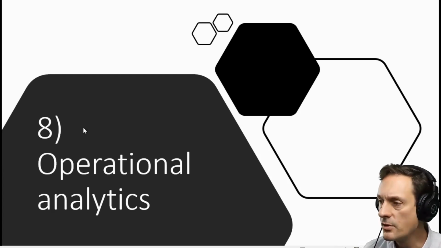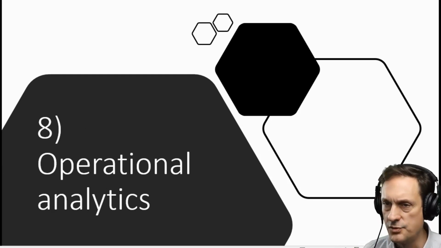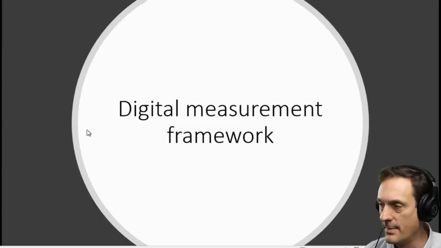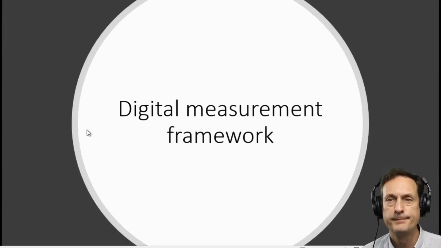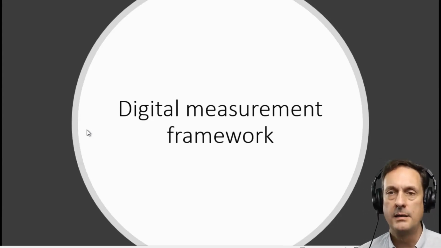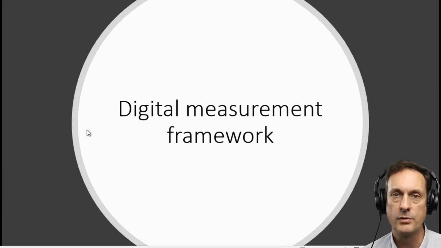Okay. So the first thing that you do operationally is to come up with what is called a measurement framework or a measurement plan. And this would outline what it is that you're trying to measure and what you're trying to achieve with your digital business. Now, the example that I've got here is from Google.